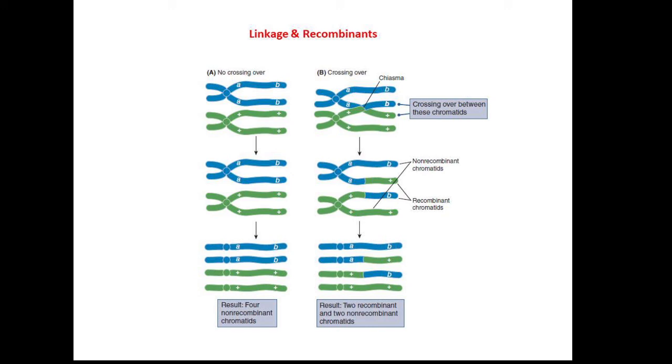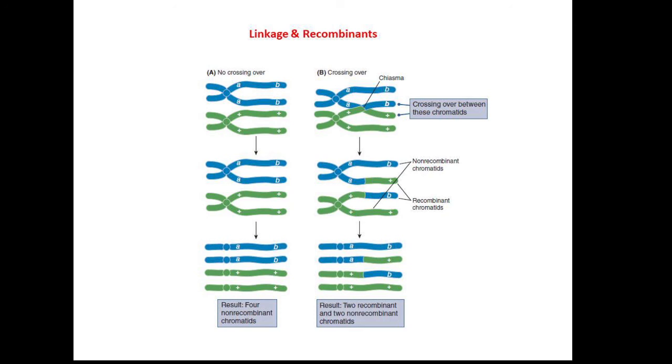And when a crossing over event happens, as in the right-hand panel, picture B, crossing over occurs between these chromatids. These are non-sister chromatids, and chromosome arms are being crossed over, and now there is a rearrangement. A is coming with the plus allele, and B is coming with the plus allele.